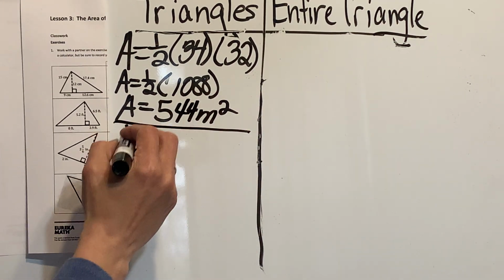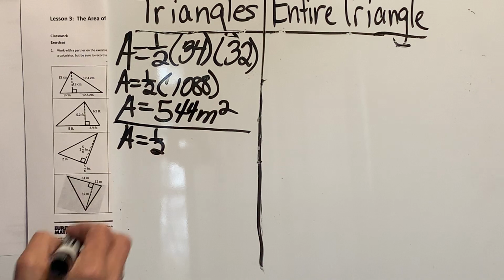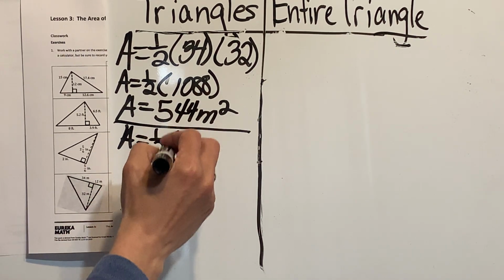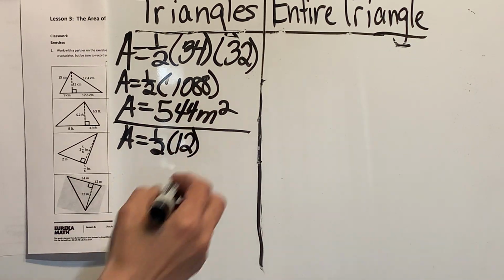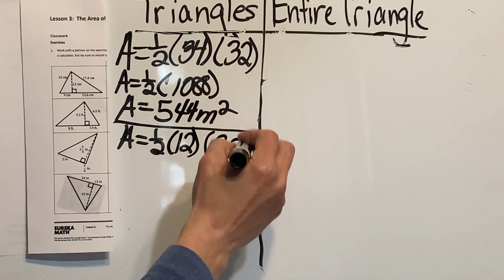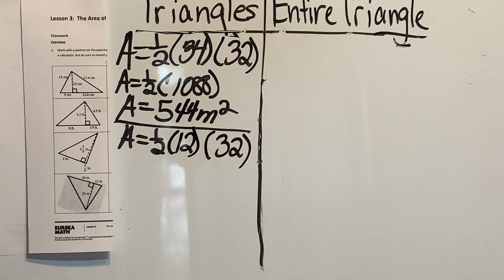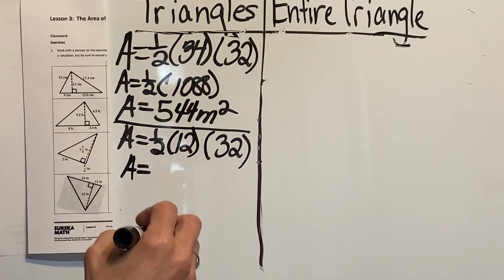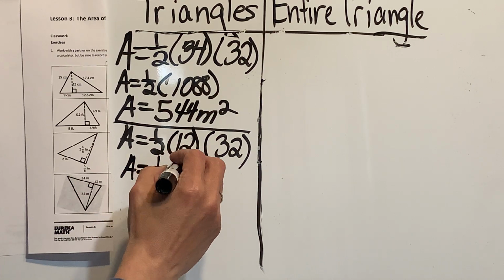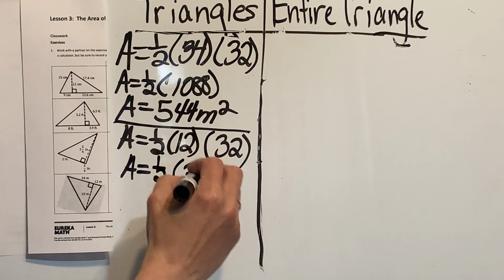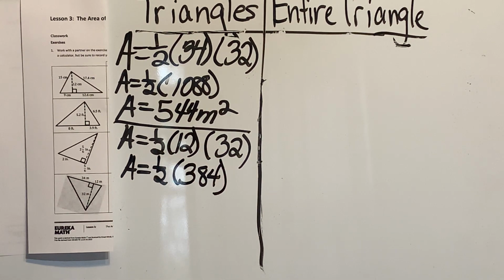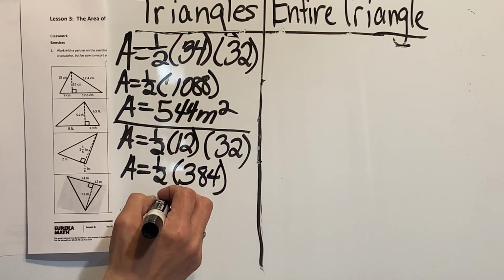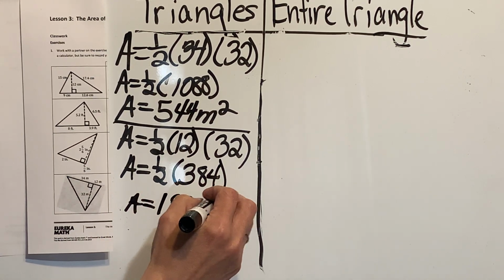So now I need to find the area of the other triangle. So I used the 34 already, so I have to go to the right side, which is 12 meters. And then the height is still the same, it's 32. So now I've got an area of half 384, and half of 384 is 192 meters squared.